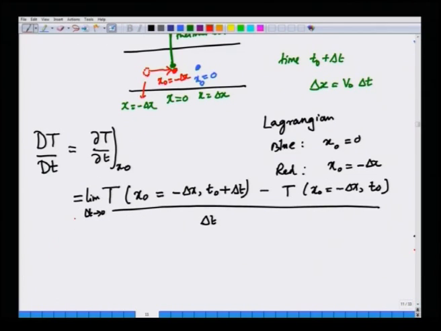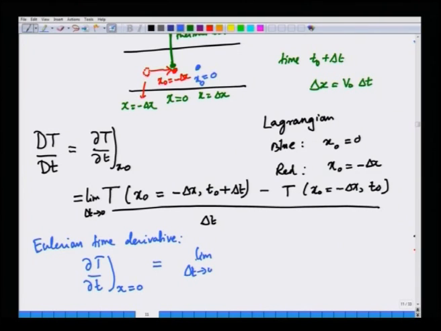But the thermometer measures a completely different thing. What? The Eulerian time derivative, as measured by the thermometer, because it is sitting at the same point in space. So, it is simply measuring, at a given x, let us say equal to 0, limit delta t going to 0, T of x equal to 0, t naught plus delta t, minus T of x equal to 0, t naught, divided by delta t.